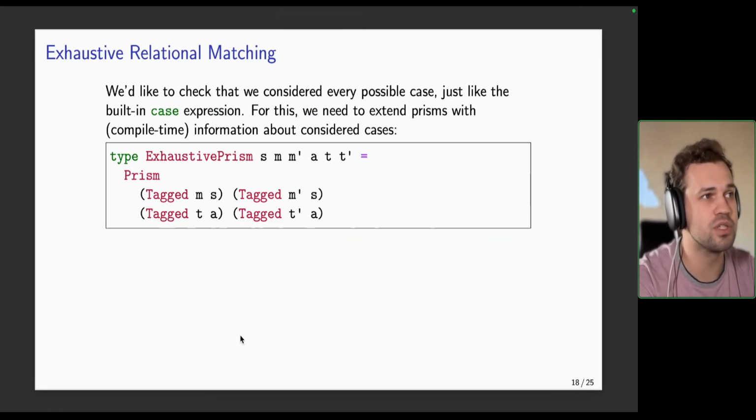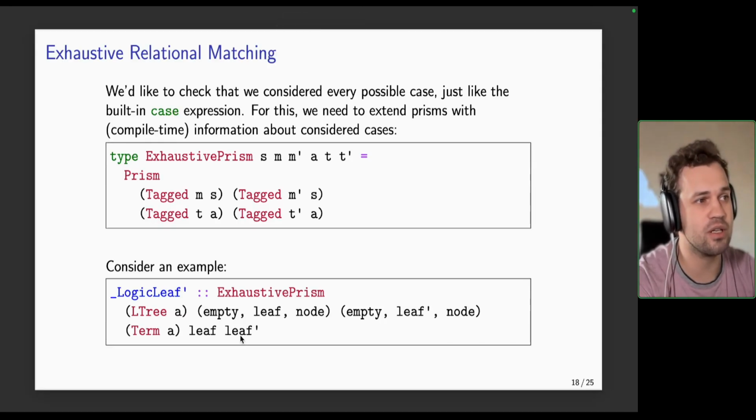So for that, we introduce exhaustive prisms, which are variants that are tagged by some information that's tracked on the type level for tracking exhaustiveness. And again, this trick is essentially a variation of what happens in the total library. And so we define our own versions of these prisms, so logic leaf in particular is a prism that works with L3.